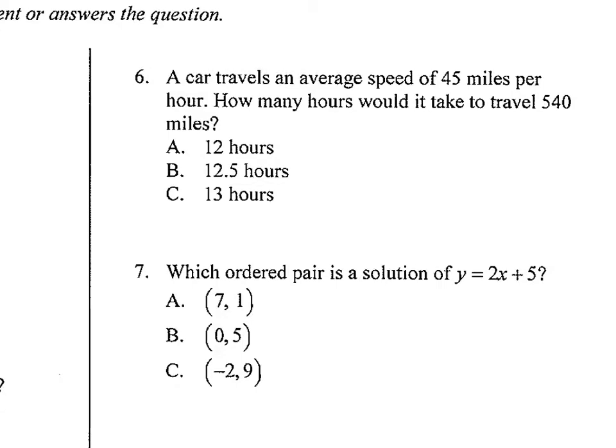We have a car that travels at an average speed of 45 miles per hour. How many hours would it take to go 540 miles? So in order for us to complete this problem, we're going to use distance equals rate times time.